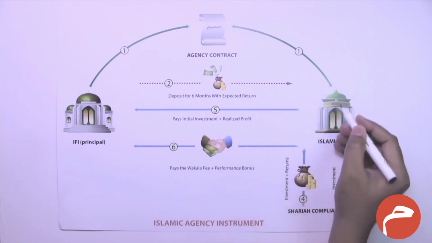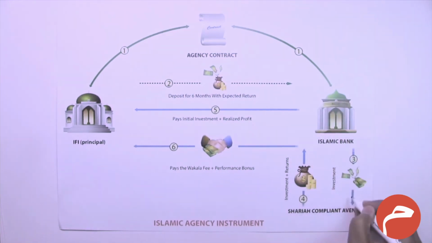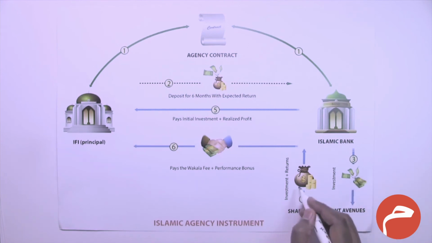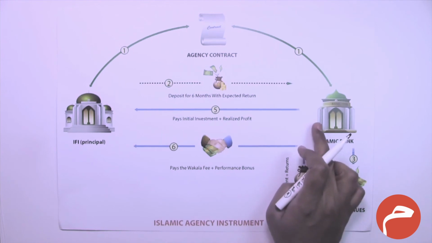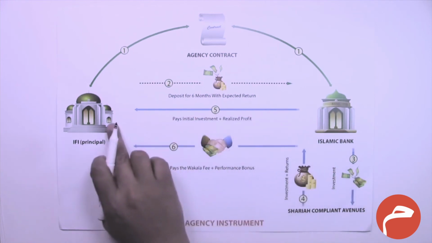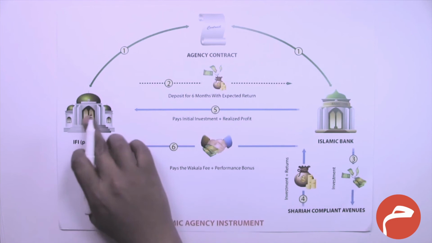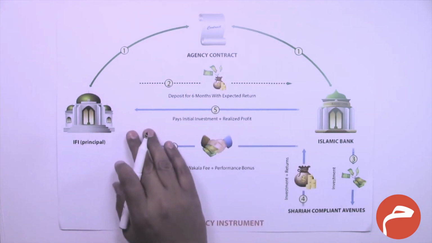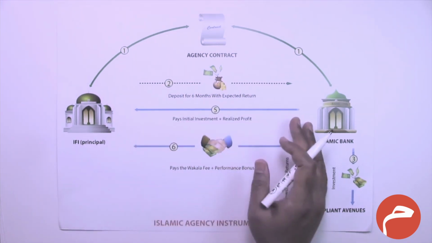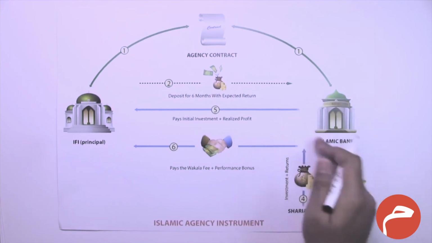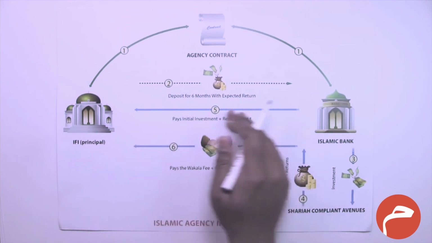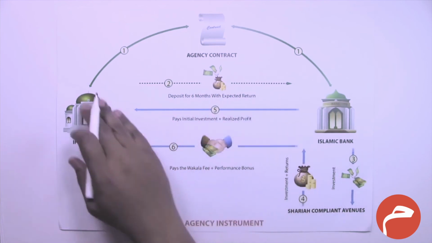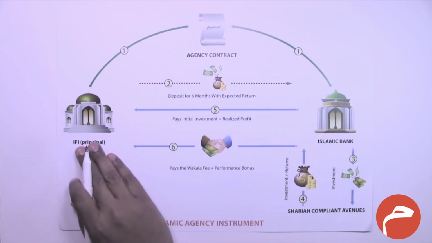Based on that arrangement, the agent would invest in Sharia compliant avenues, and then this is the return on the investment, and this realized return is given back to the principal after the agreed period of time. So for example, if this was for 6 months, after 6 months this Islamic bank will pay back the principal plus the realized profit to this bank.